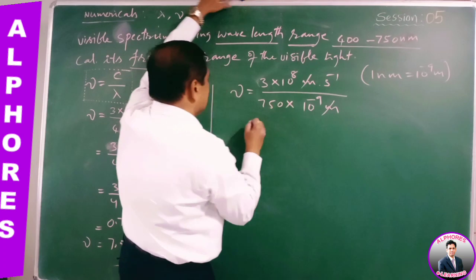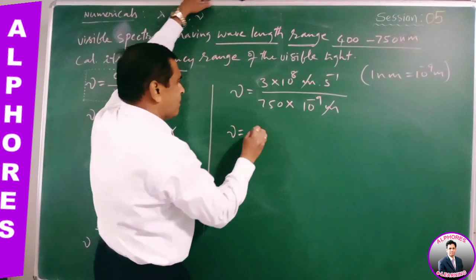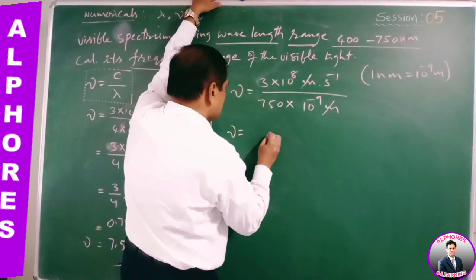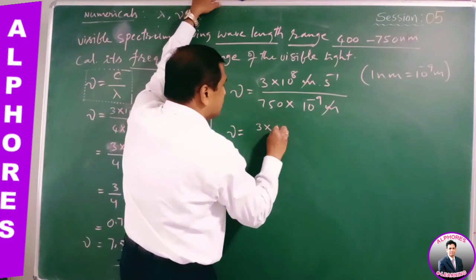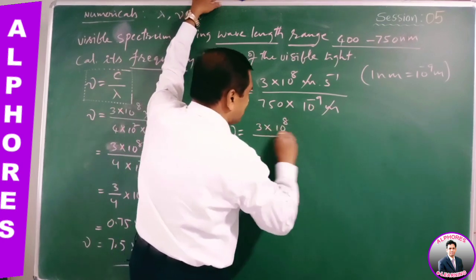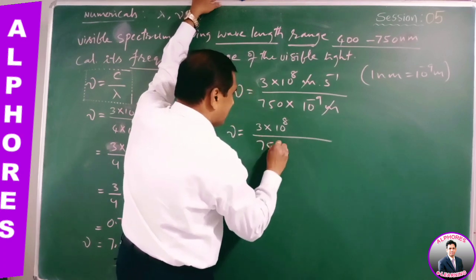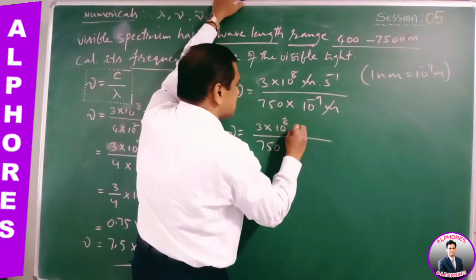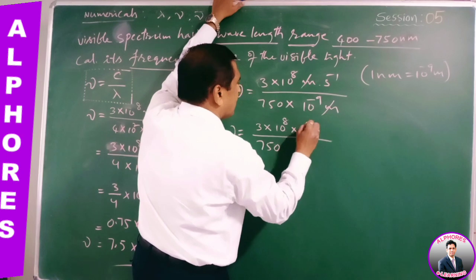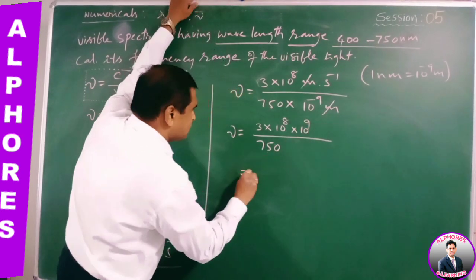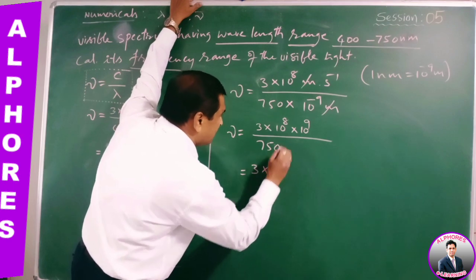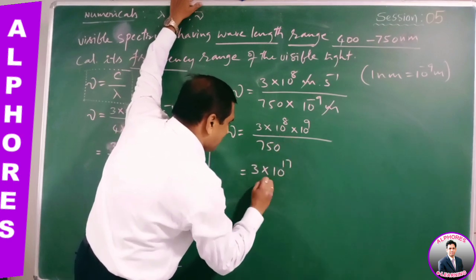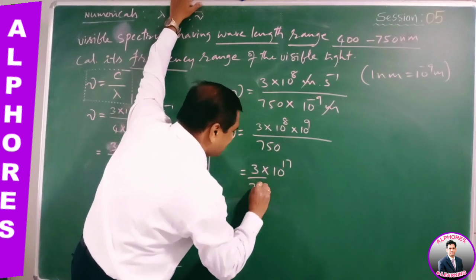Okay, then nu is equal to 3 into 10 to the power 8 divided by 750. When it goes up it becomes 9. That is equal to 3 into 10 to the power 17 by 750.